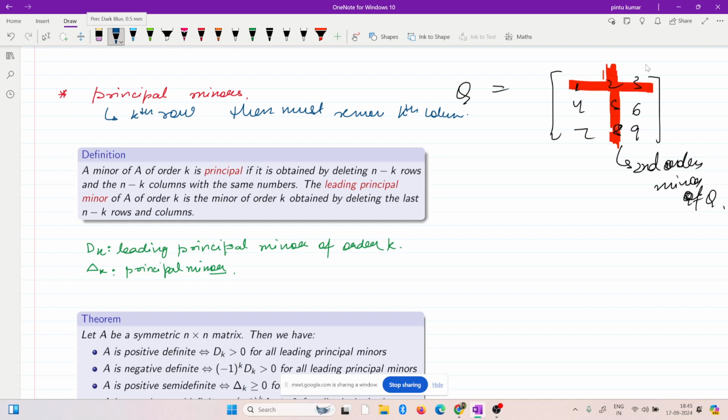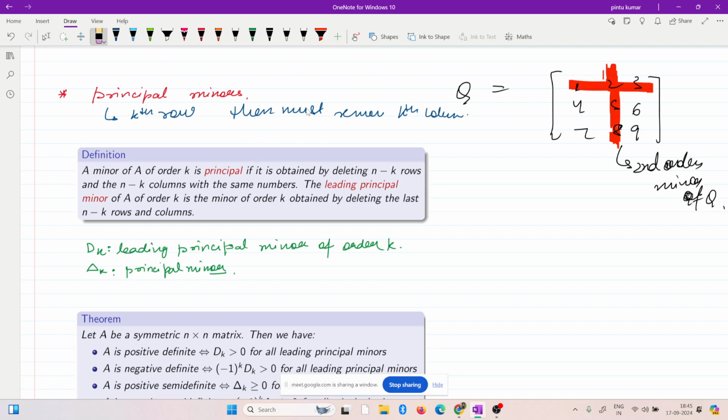In order to obtain principal minors, you must remove the same numbering. So for example, you can remove the first row and first column. Then you will get a principal minor.